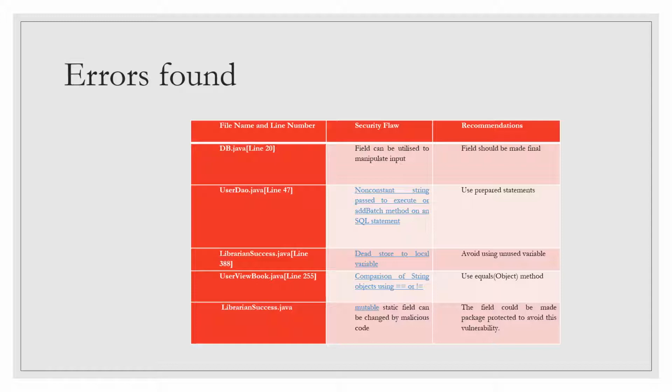And there is one error wherein they're using the double equal to operator, instead of which they could just use the equals method, which is way more efficient and could avoid buffer overflows. And the packages should be made private because they can be accessed from anywhere outside the program, and any intruder could gain access to them.